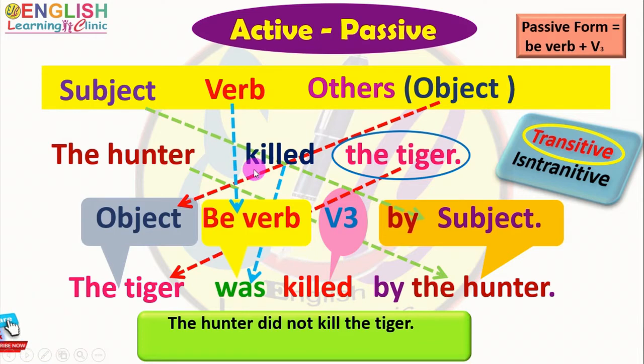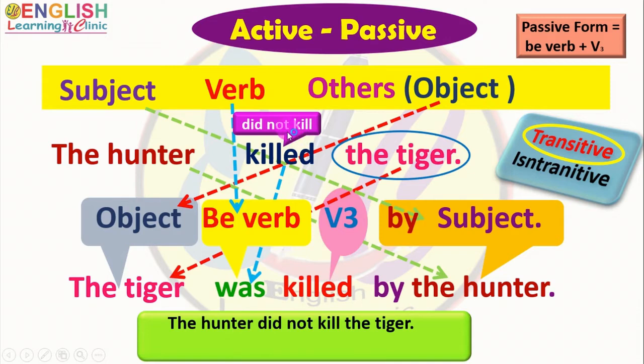That is, the verb form will be did not kill in place of killed. Look at this structure also, did not kill. There is no form of the be verb. So, it also indicates that it is in active voice.